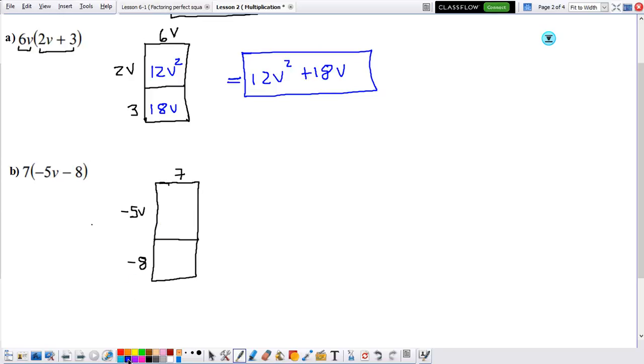Now we need to figure out what goes inside those boxes. We multiply 7 times -5b, that's -35b. And now we multiply -8 times 7, which gives us -56.